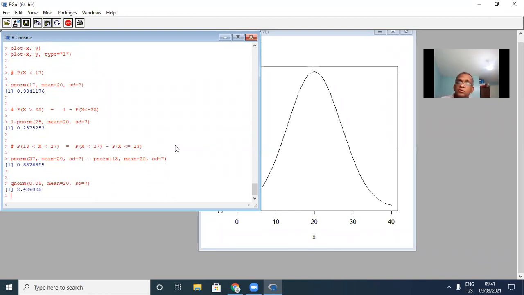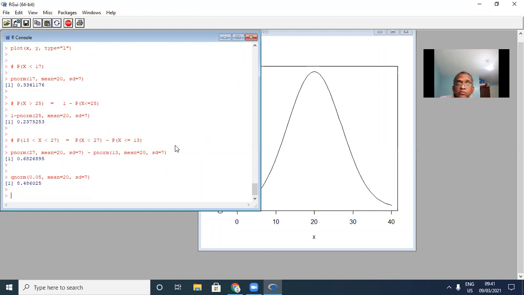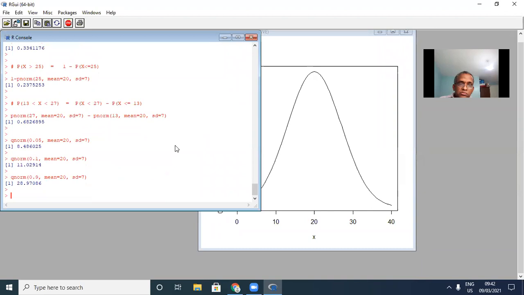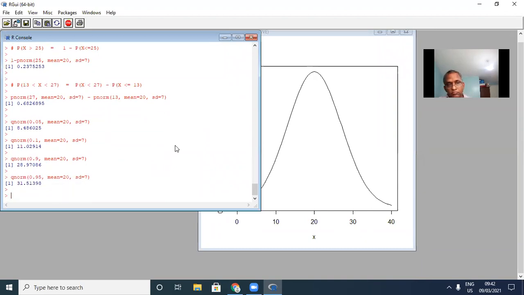So this is the 5th percentile of a normal distribution with mean equal to 20 and standard deviation equal to 7. And this is the 10th percentile, this is the 90th percentile, and this is the 95th percentile. We just changed the first argument to whatever probability you want.